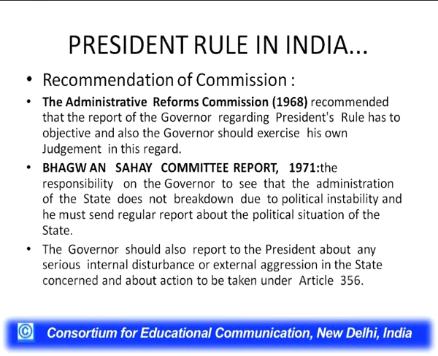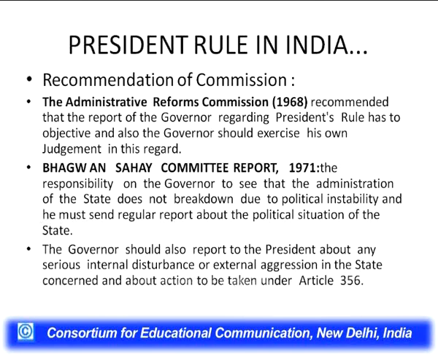Then after the Administrative Reforms Commission, a committee of governors was constituted by the President. The then President was V.V. Giri, in 1971, and this committee is known as the Bhagwan Sahay Committee. Bhagwan Sahay was then the governor of the state of Jammu and Kashmir, and along with him, Gopala Reddy, Ali Yavar Jung and S.S. Dhawan were the members of this committee.